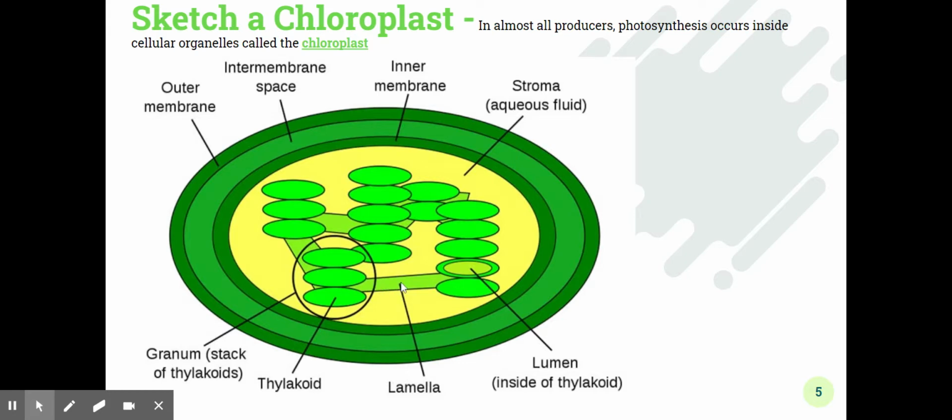The stuff that holds it together are called lamella, and inside the thylakoid is called the lumen, or inside the thylakoid. So the lumen and the stroma for sure need to be labeled, as well as the thylakoid, because we're going to talk a lot about those as we talk about the process of photosynthesis. So please make sure you sketch this, label it all, and so you have a good sketch of what a chloroplast looks like.